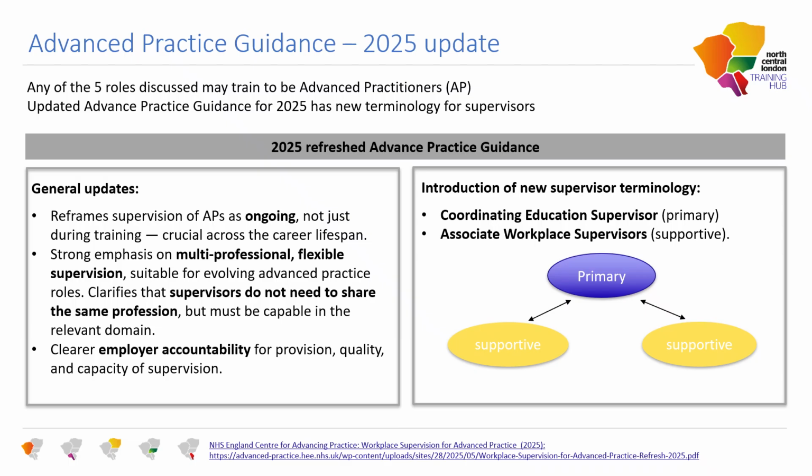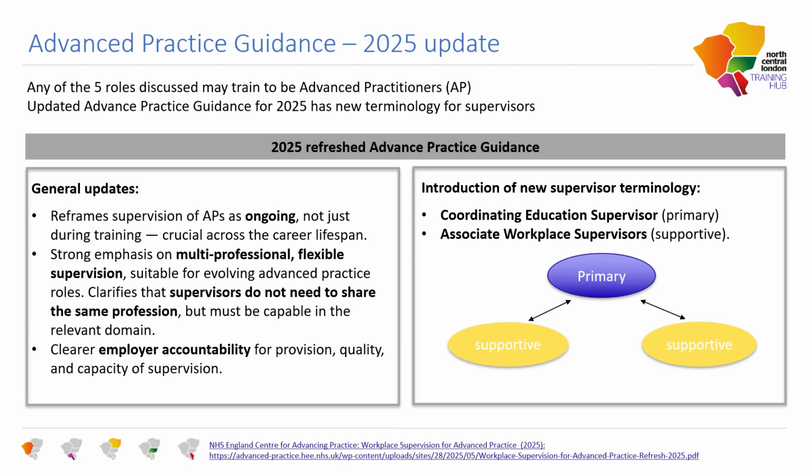In broad terms, the document emphasizes that supervision is an ongoing process and has no finite end date. There is an emphasis on it being multi-professional and flexible, where the supervisors must be capable to supervise the relevant domain. It makes the employers more accountable for the provision of supervision of quality and ensuring time is made for it in the supervisee's day.